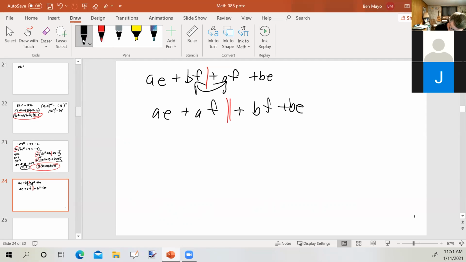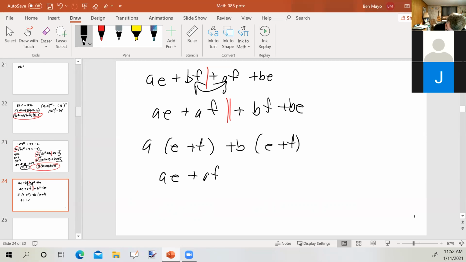Well, now I've got A times E plus F. So over here, I'd have to have E plus F. Does that work? Well, it does, but I've got the BF in front of the BE, don't I? I suppose for it to work out really nicely to start with, I'd have AE plus AF plus BE plus BF.